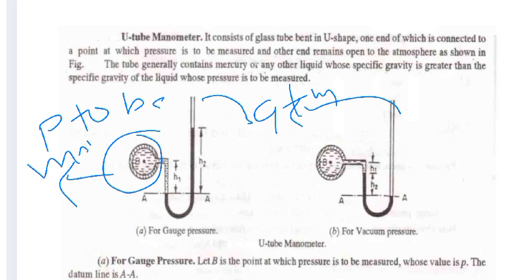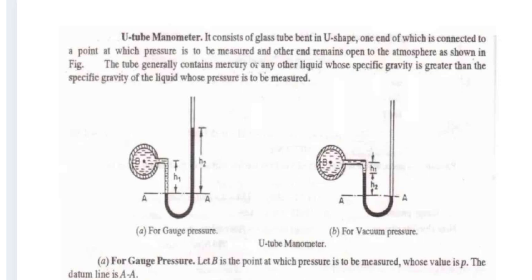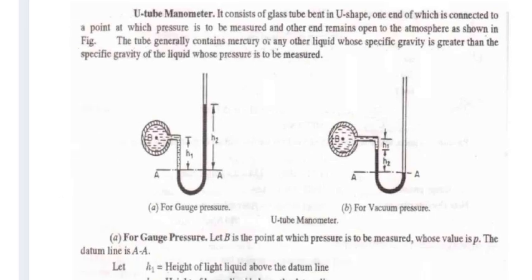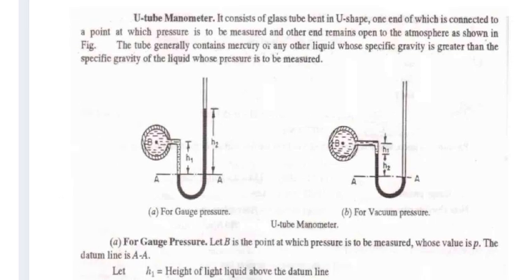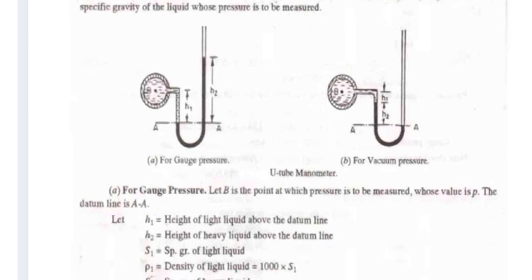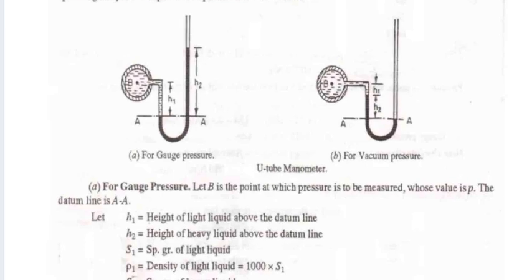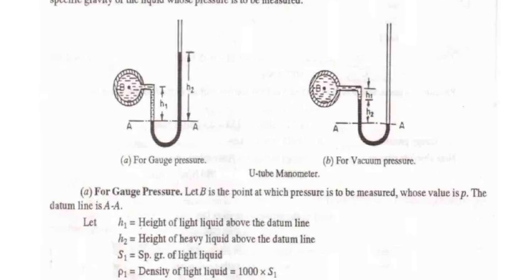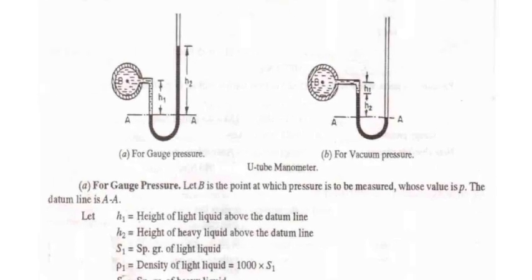The tube is generally filled with mercury or any other liquid whose specific gravity is greater than the specific gravity of the liquid whose pressure is to be measured. So the second thing we have to memorize: the liquid filled has a specific gravity more than the liquid we are measuring. This diagram is for gauge pressure.